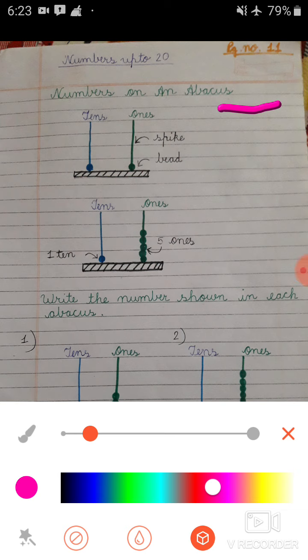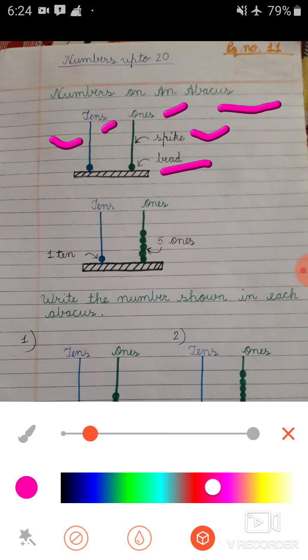Students, in an abacus there are two spikes, like here, these two rods are the spikes, and this is a bead. Look here in green and blue color. In an abacus there is a tens spike and a ones spike.